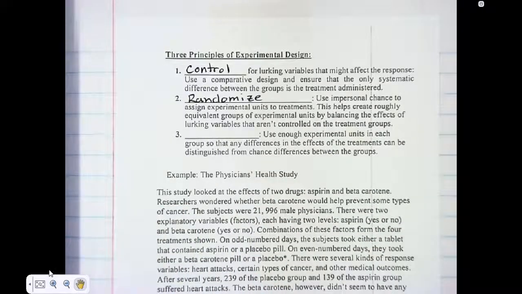It doesn't necessarily mean a random selection of people. That's not always available for an experiment. This helps to create roughly equivalent groups of experimental units by balancing the effects of lurking variables that aren't controlled on the treatment groups. So again, this randomization is going to help with things you can't control, because it's impossible to control everything in an experiment, so it's important that randomization can just take care of the rest usually.